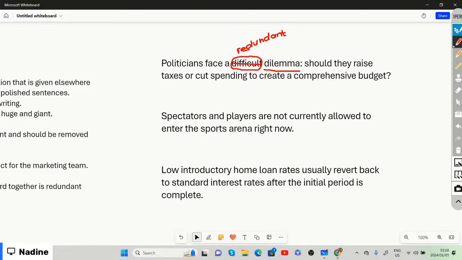If we look at the next sentence, it says, spectators and players are not currently allowed to enter the sports arena right now.